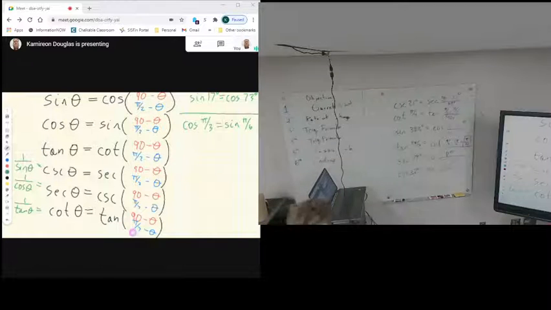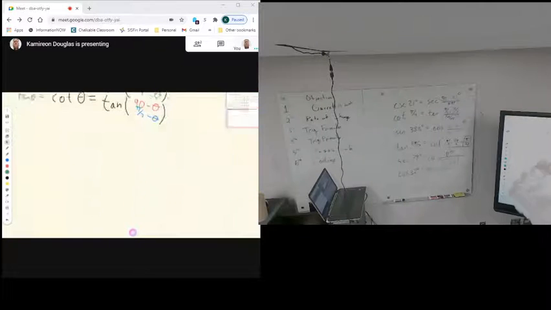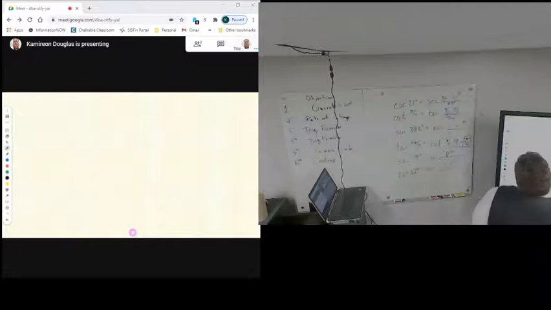Then the last part of our notes. We're finished. There are 6 trigonometric functions, but there are ways to write some of them alternatively. Let's look at those 6 one last time.